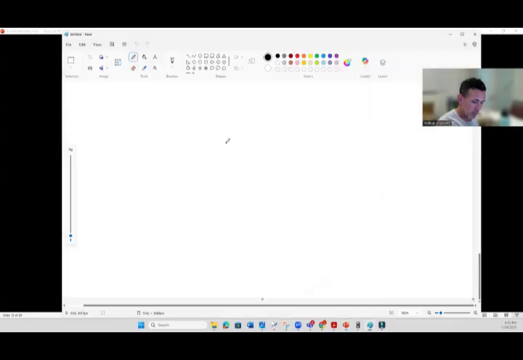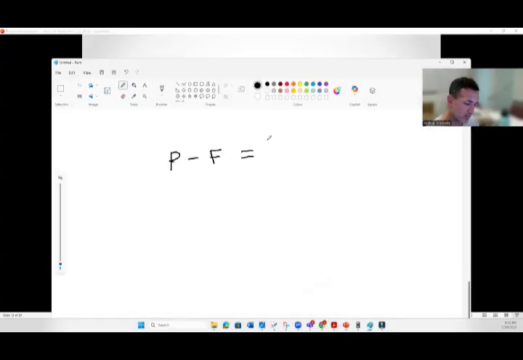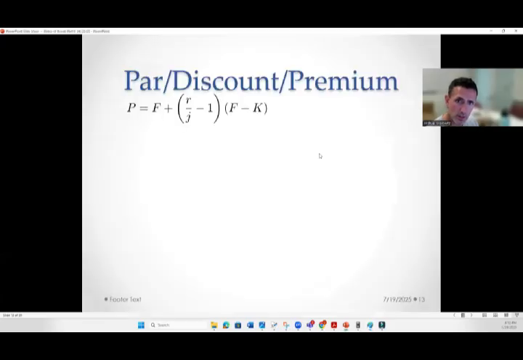Okay, so what we have is price minus face value is going to be this whole thing, this times this. So R over J minus 1 times F minus K.